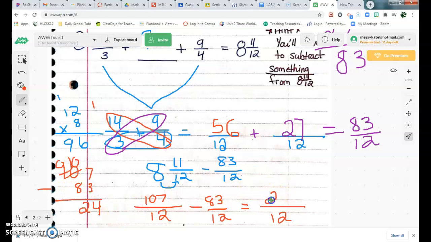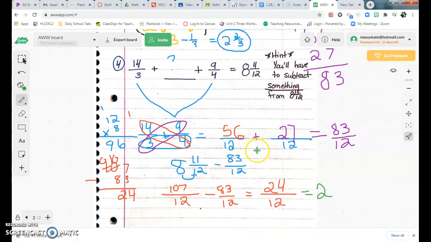So it's 24. Now this is a little bit more manageable to work with. Since this is an improper fraction, how many times can 12 go into 24? 12 can go into 24 2 whole times. So that final answer is going to be 2.